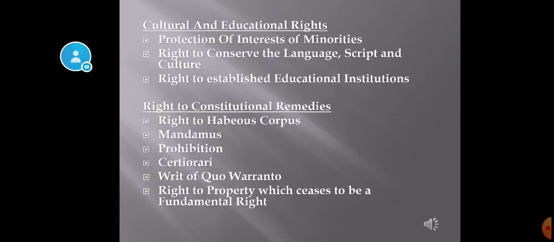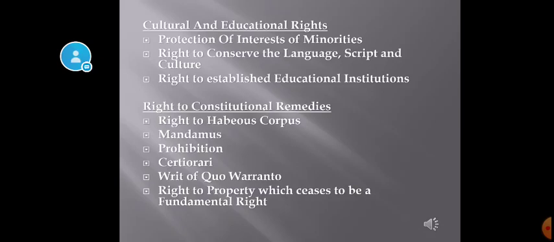So these are the 5 writs, in which the first writ, habeas corpus, means you may have the body. It provides a remedy for the person. The second writ is mandamus, a Latin term which means we command. The third writ, prohibition, is issued to prevent an inferior court from exercising powers. The fourth writ, certiorari, asks the lower court to hand over the records of the particular case to the high court.